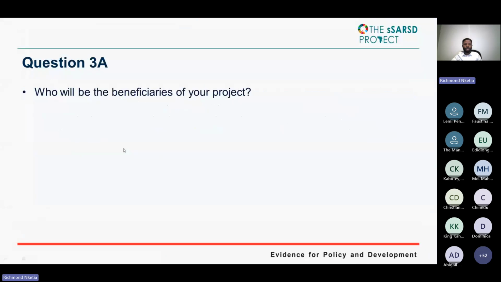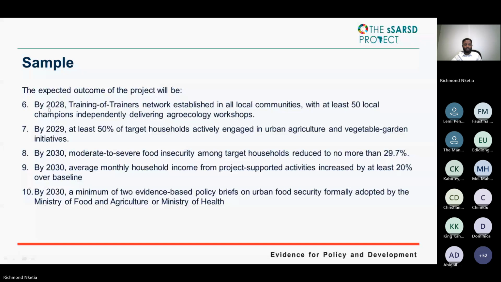So another one could be, say, by 2030, moderate to severe food insecurity among target households. I would have stated the households if I have more words. So target households in informal settlements in Greater Accra region of Ghana would have reduced to no more than 29.7%, which is less than the baseline of 44.7. Yeah.